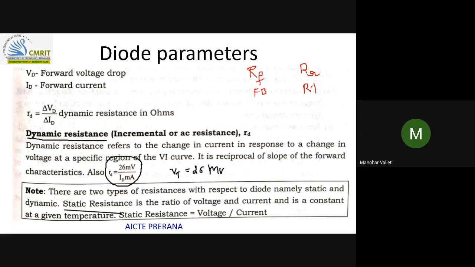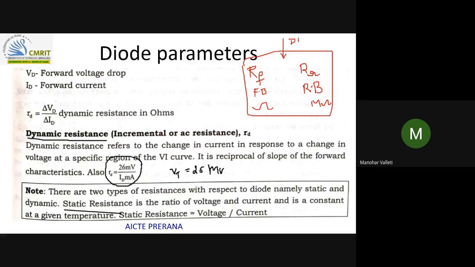As you know, forward resistance is in the range of ohms, and reverse resistance is in the range of megaohms. This is for a general diode.